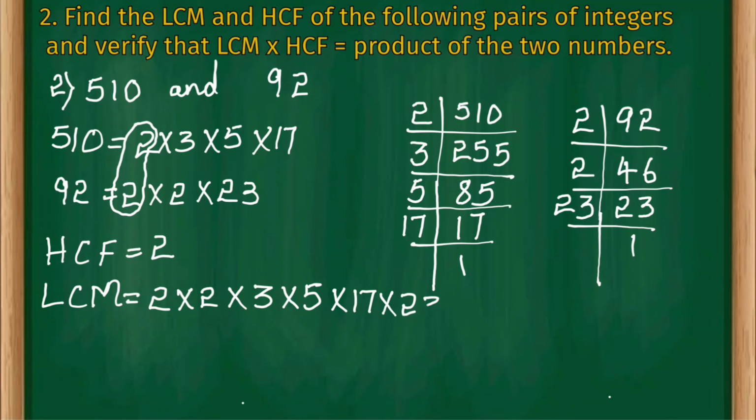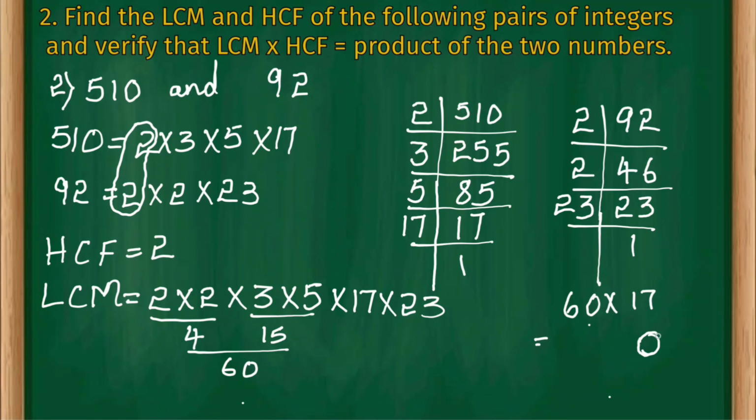So by multiplying all these, that are 2 into 2 into 3 into 5 into 17 into 23, we will get the LCM. So 2 2s are 4, 3 5s are 15, and 4 15s will be 60. So by multiplying 2 into 2 into 3 into 5, we got 60. Now we have to multiply 60 into 17, then we will multiply 23 with the answer that we get.